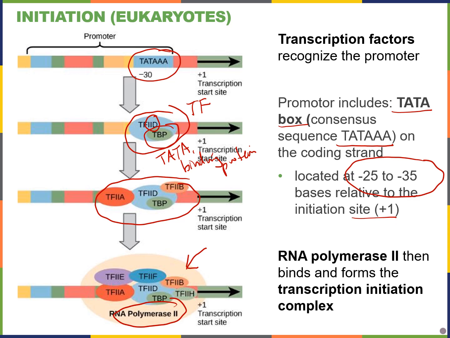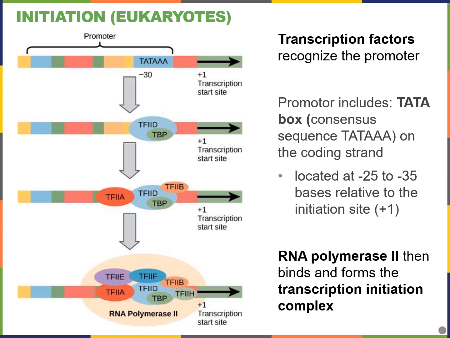So here, the entire complex with those transcription factors and RNA polymerase II forms our transcription initiation complex. And remember, RNA polymerase II is the type of polymerase, out of the 3 different types, that transcribes protein coding genes on the DNA.